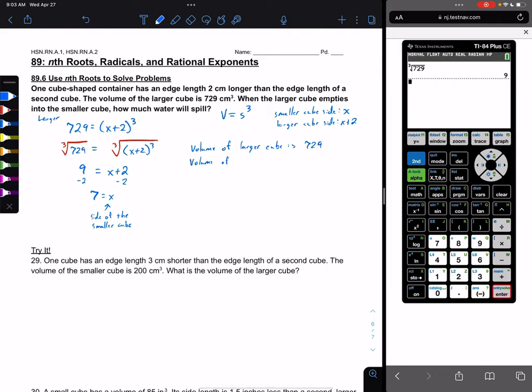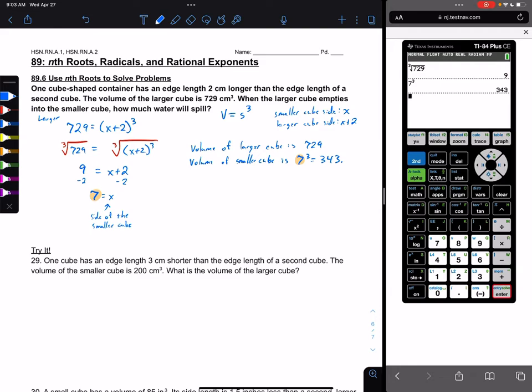The volume of the smaller cube is going to be 7 cubed, which would be equal to, I always forget this one, 343. So the volume of the larger cube is 729, and the volume of the smaller cube is 7 cubed. That x value, the 7, we'll put it here. And that's the statement about the volume, but that's not the question that they asked.